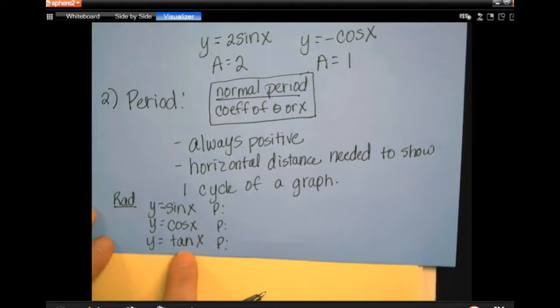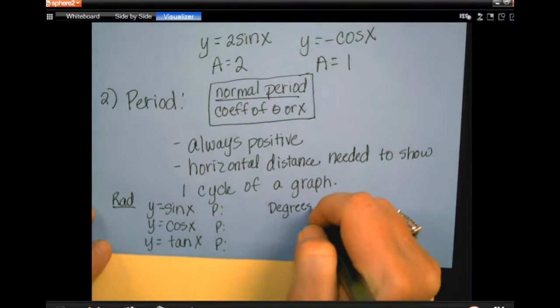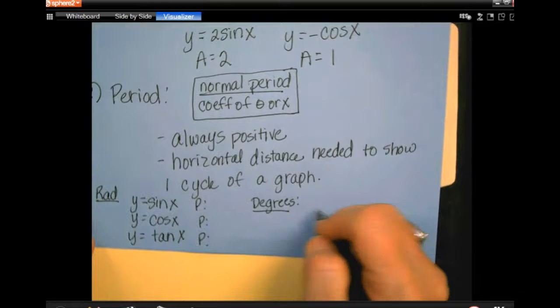So if I'm writing it in radians, I'm going to write it with an x. If I'm going to write it in degrees, we're going to use a theta.